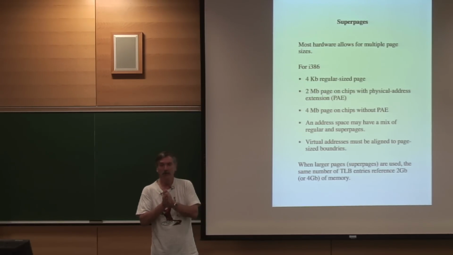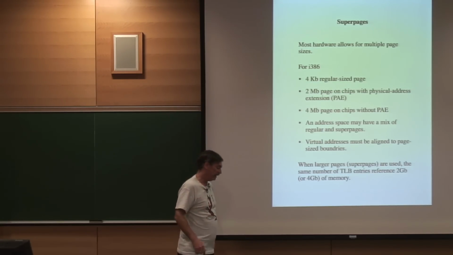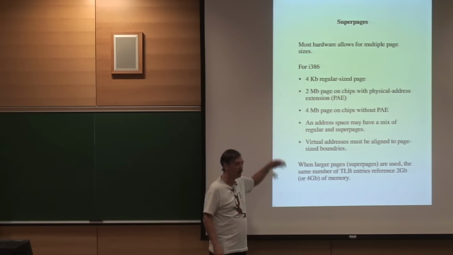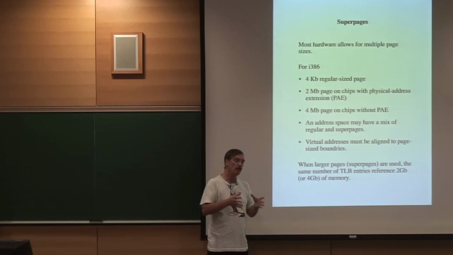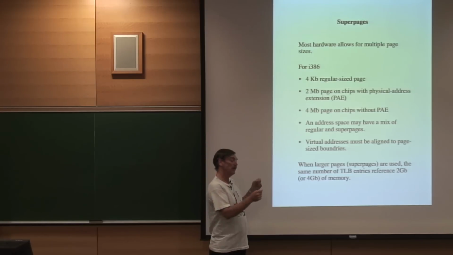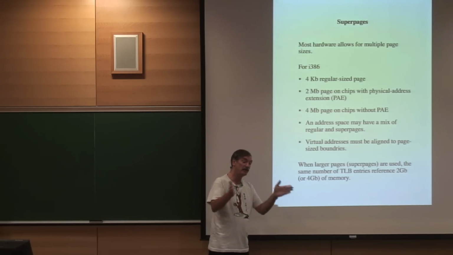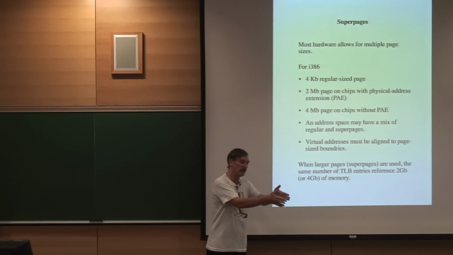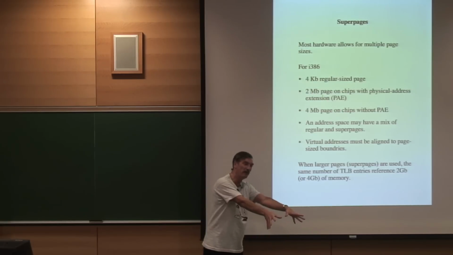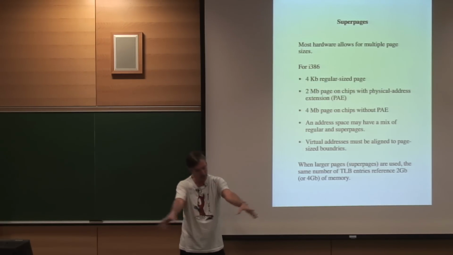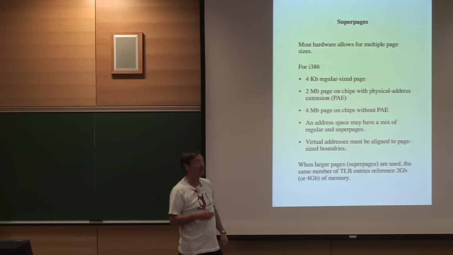Now, different hardware vendors have taken different approaches to it, but the general idea is to allow you to pick different hardware page sizes and to be able to do it not just on a per process basis, but actually within your address space to say, all right, this piece of it I'm using small pages, and this part I'm using bigger pages, and so on.